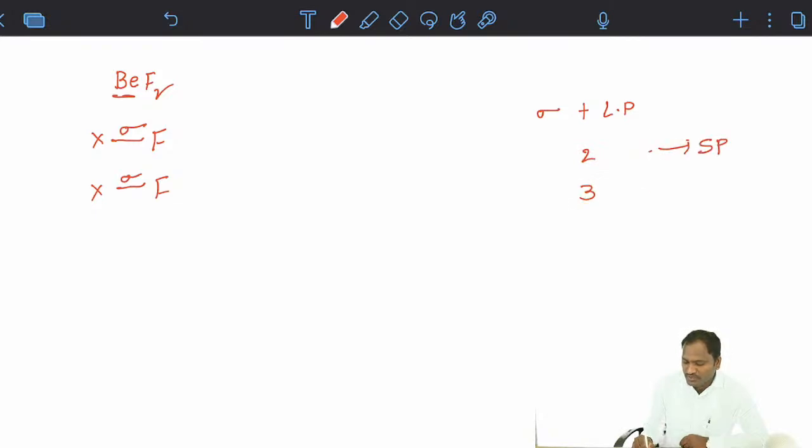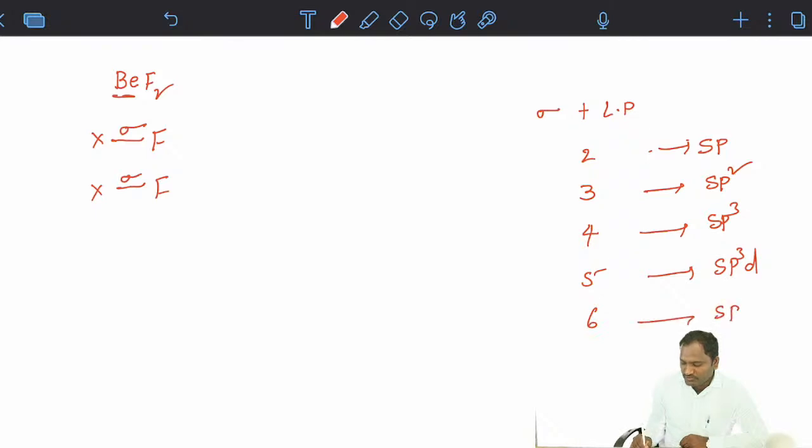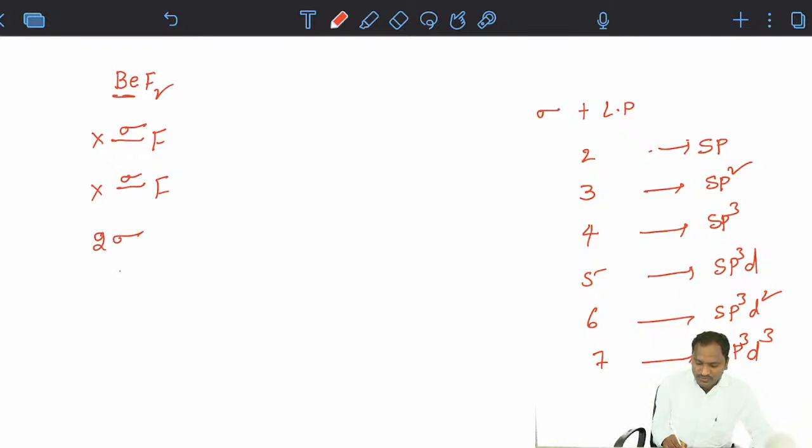If 3, sp2. 4, sp3. 5, sp3d. 6, sp3d2. 7, sp3d3. Now there are no lone pairs and 2 sigma bonds, so its hybridization is sp.